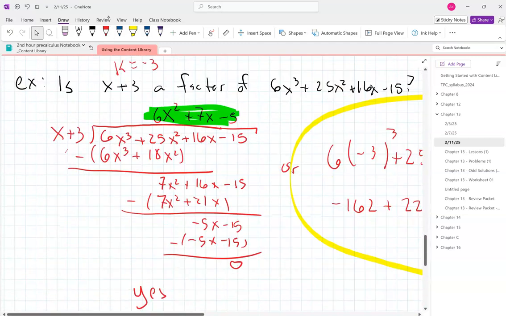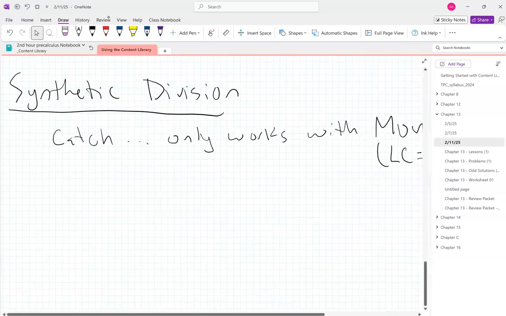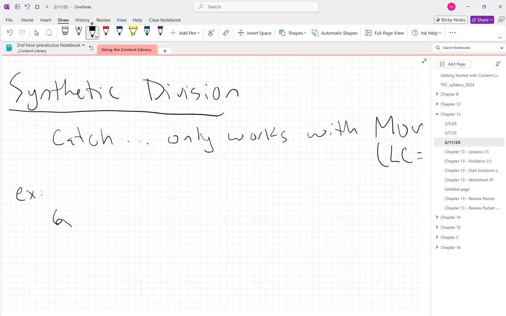So almost always, this is going to work. So let's do an example of how to set this up. Let's go back to this same problem we just did using long division and substitution, and show you what synthetic division looks like.